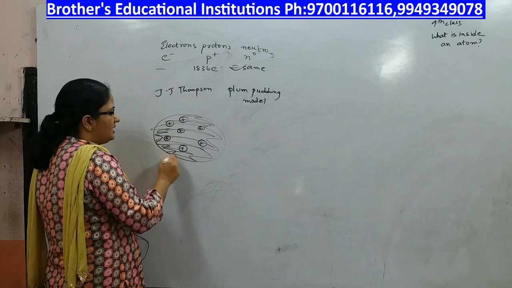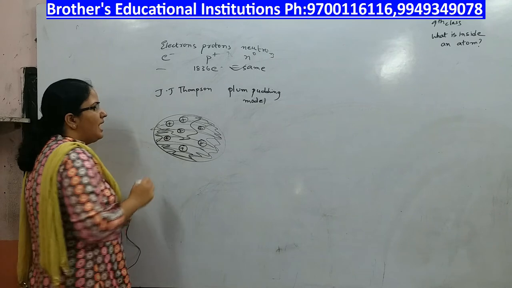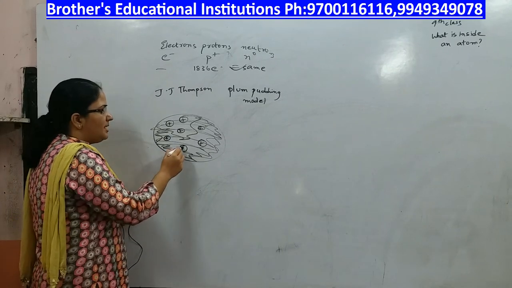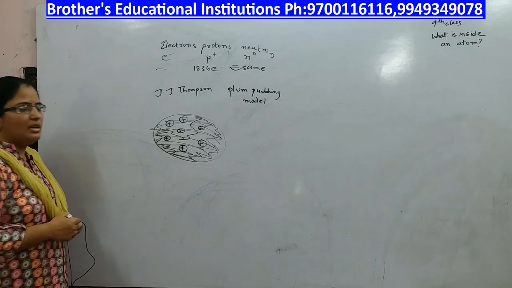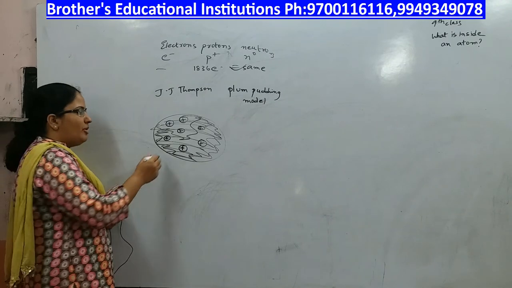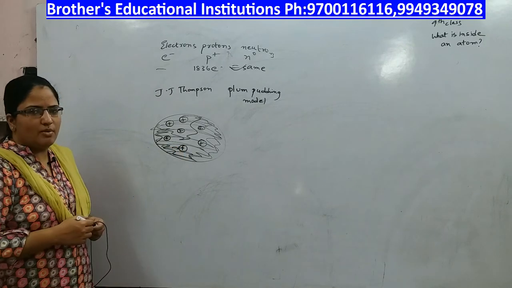The mass is uniformly distributed throughout the atom, and the amount of positive charge balances the amount of negative charge. This is what J.J. Thomson said.